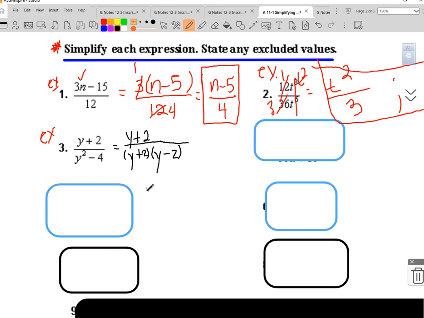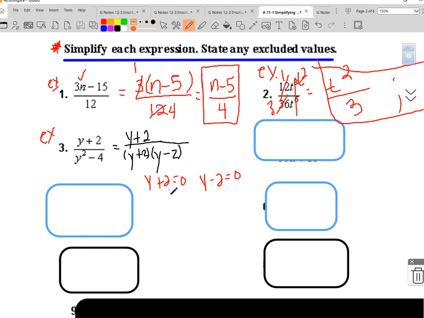What's the next step? Find and state the excluded value. And how do we do that? By setting any factor with the variable equal to 0 and solving. So there are 2 factors: y plus 2 times y minus 2. So it's y plus 2 equals 0, and y minus 2 equals 0.